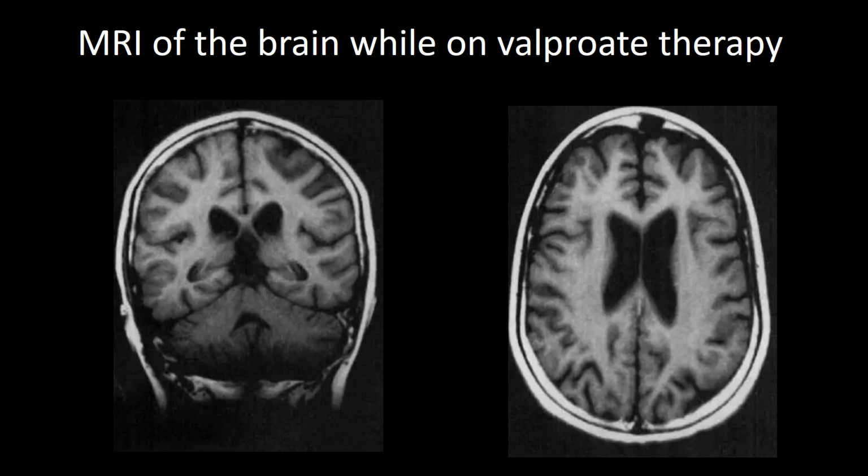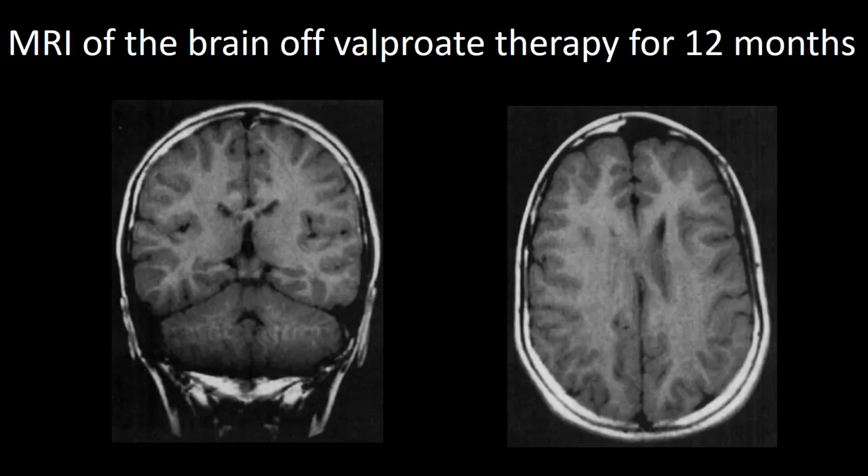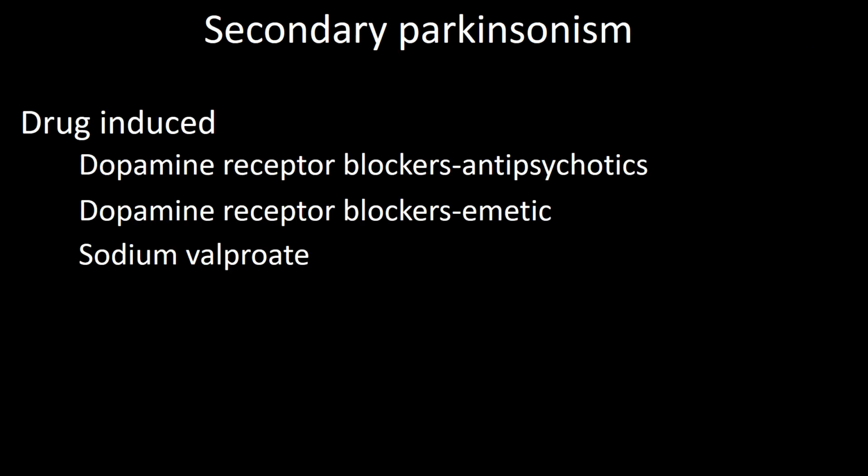Notice the size of the ventricles and sulci. And this is 12 months after valproic acid was stopped. Notice the ventricles and sulci are now normal. Hence, it is important in patients with drug-induced Parkinsonism to stop medication soon, before changes become irreversible.